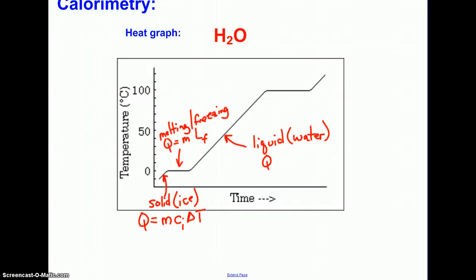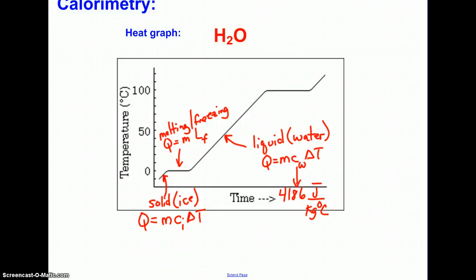We would do, again, a Q equals mc delta T, but in this case we would be using the specific heat of water, which we're going to use so often we will end up remembering its value, 4,186 joules per kilogram degrees Celsius.